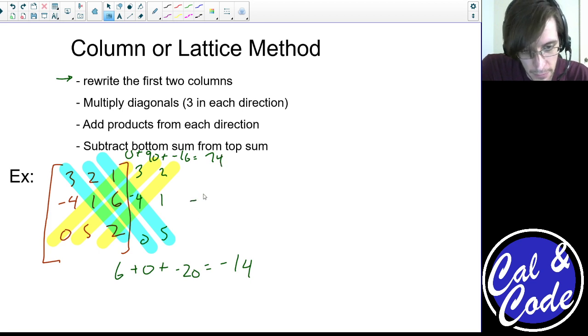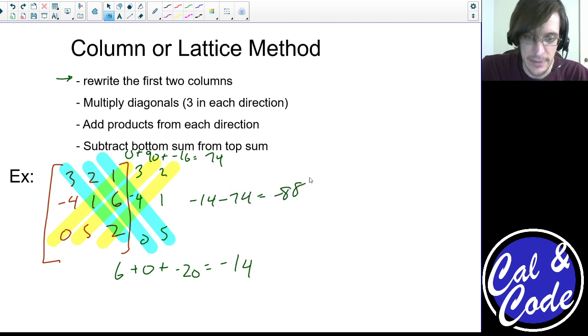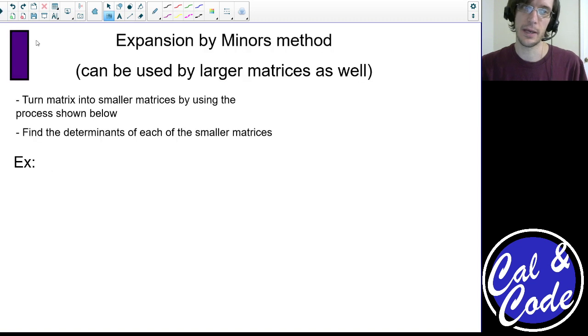Then I do the bottom, negative 14, minus the top sum, 74. That's a negative 88. So that's how you find the determinant using the column or lattice method. Very simple, very straightforward. The hardest part is keeping your diagonals straight, remembering to add them all up, and remembering to do bottom minus top.